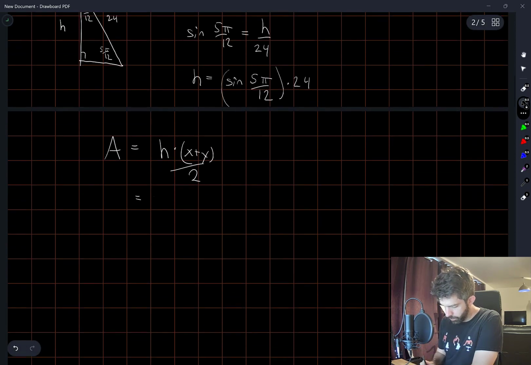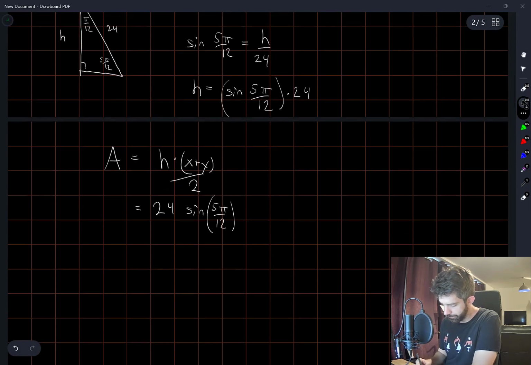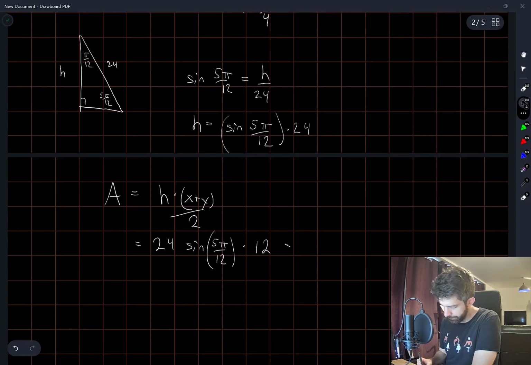So h is 24 times sine of 5 pi over 12. X plus y divided by 2 is 12 times sine pi over 3 divided by sine pi over 4.